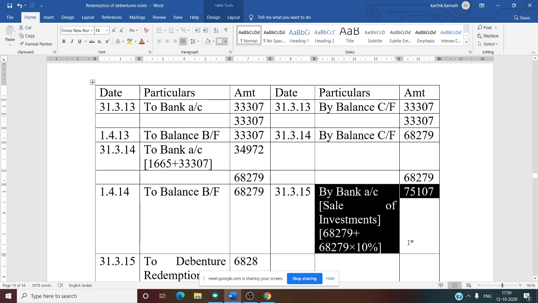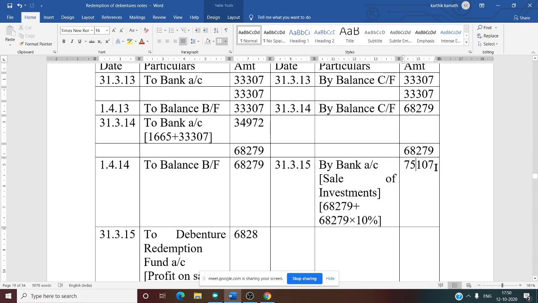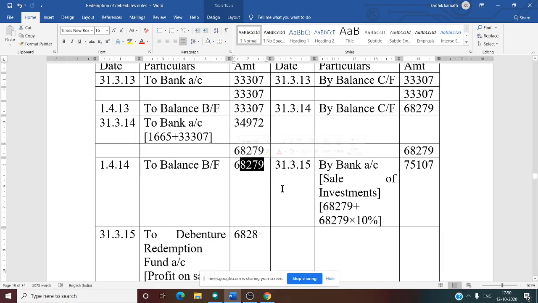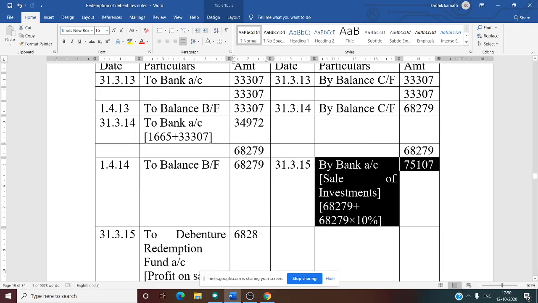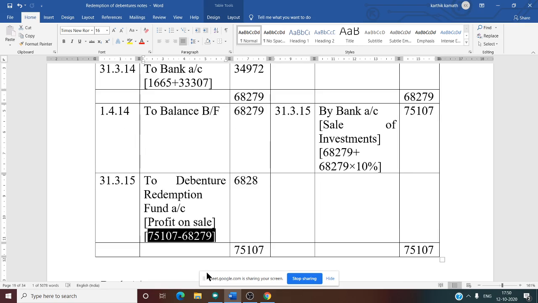So now can you tell me whether there is a profit or loss? It is very clear that there is a profit. How to know whether there is a profit or loss? In the question itself it is given, or else you can cross check here. See this, credit side is more than the debit side. So 75,107 minus 68,279, you will get 6,828.